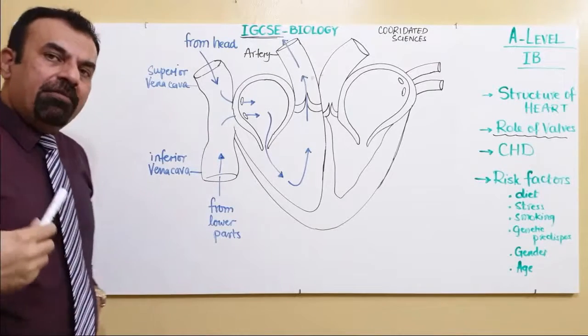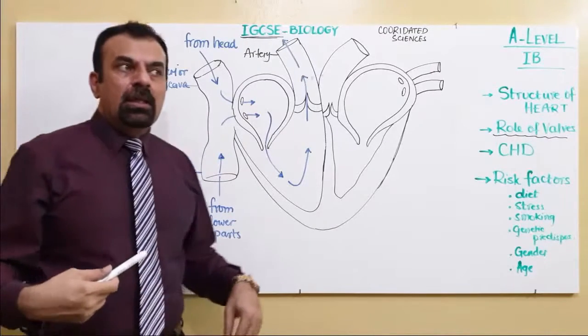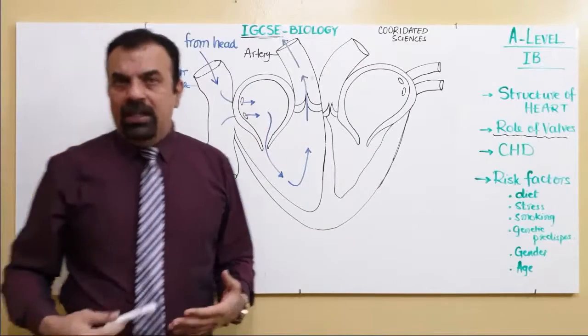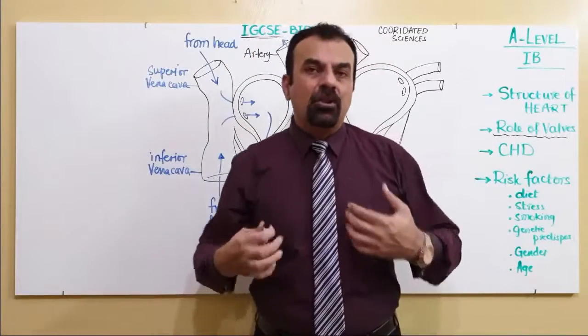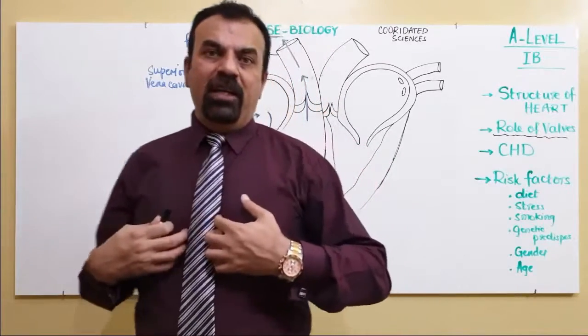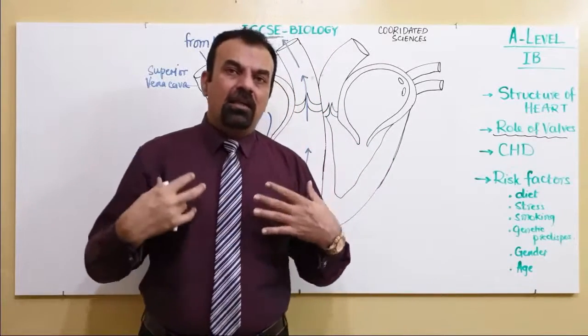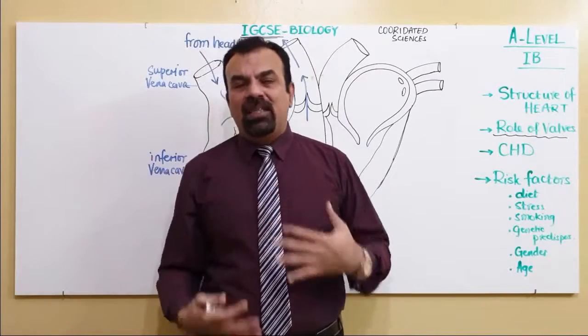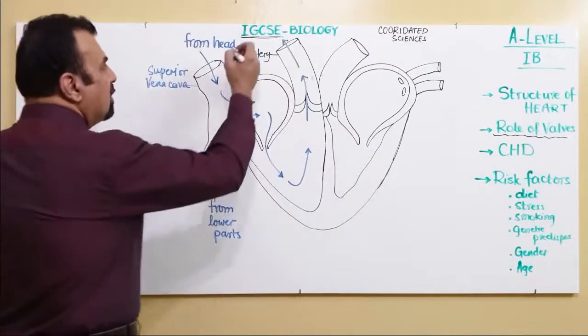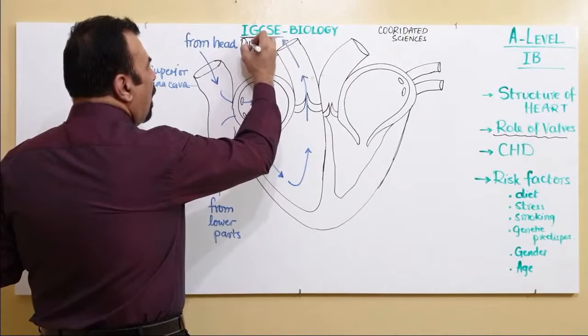The name of this artery refers to the organ it supplies blood to. It is supplying blood to the pulmonary organs. Pulmonary means lungs. Your lungs are called pulmonary. The pulmonary organs are the organs which help you in the exchange of gases. So this is the pulmonary artery.